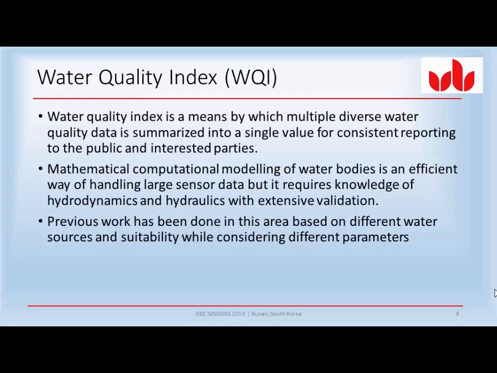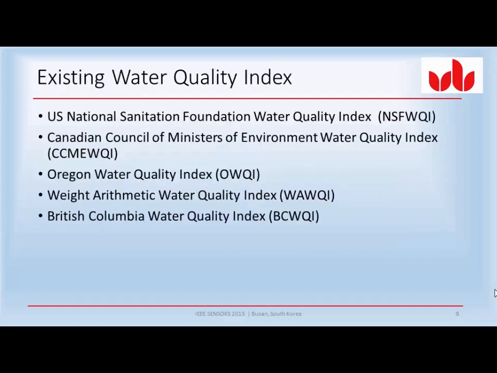Different people have used quite varied calculation methods, and it could be quite extensive. These are examples of some of the existing water quality indices, which vary from country to country, and even in the same country, from region to region.